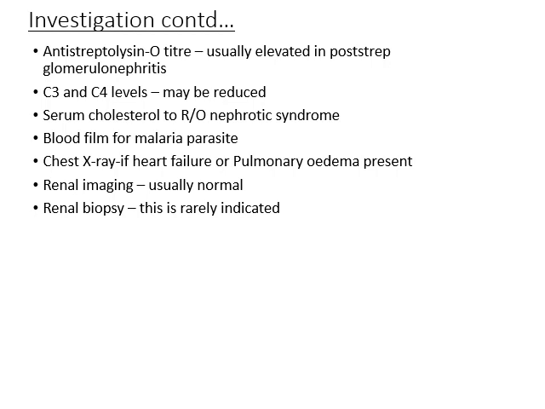Now, complement levels are usually reduced because many of them are being used up in the immune complex process. You might do serum cholesterol to rule out nephrotic syndrome if you are confused about the clinical presentation, or if the protein level is around 3.3 or 3.4 and you want to be sure there's not a nephrotic syndrome, because we know nephrotic syndrome has hyperlipidemia. Do a blood film for malaria parasite. If you suspect pulmonary edema, you do a chest x-ray, renal imaging, and renal biopsy, though it is rarely indicated.